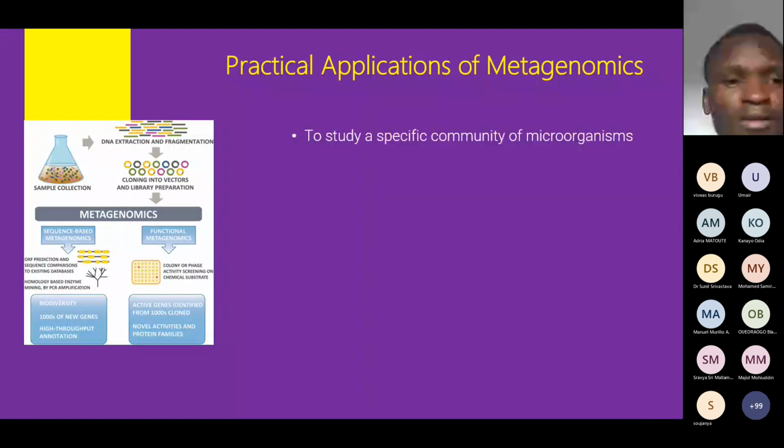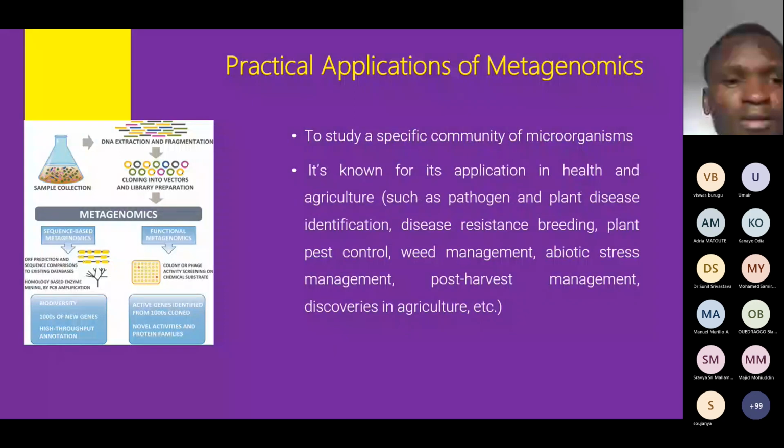So the second idea about metagenomics when it comes to the application is that you want to explore the entire community of microorganisms that is present in the environment. All right, because you see, in the environment, especially in the soil, there are lots of microorganisms there.